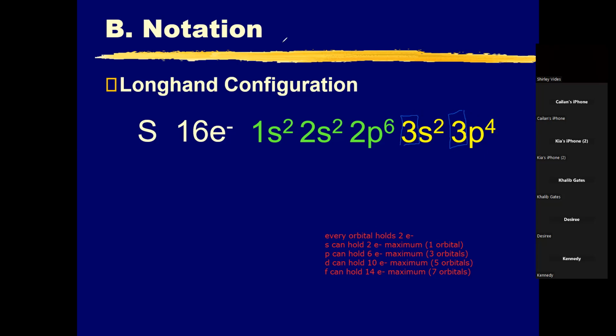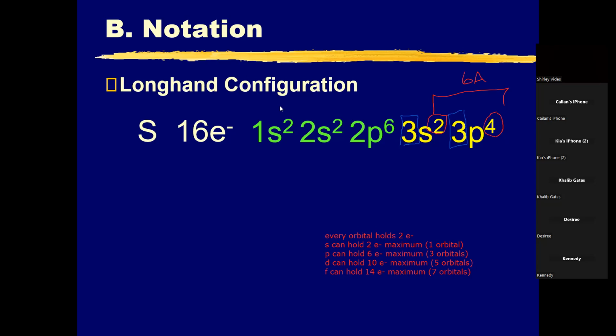And this other number, and let me make it in red, right here, when you add them together, gives you the group number. That's 6A. Right? See? That gives you the column. Just remember that, okay?